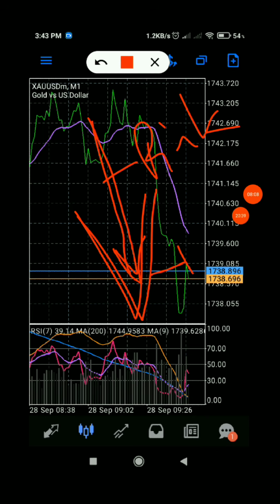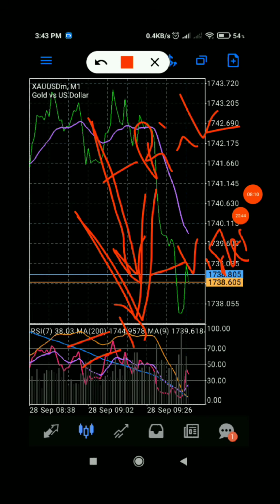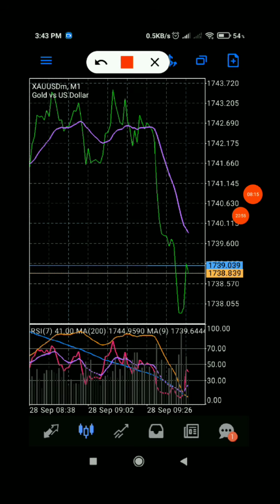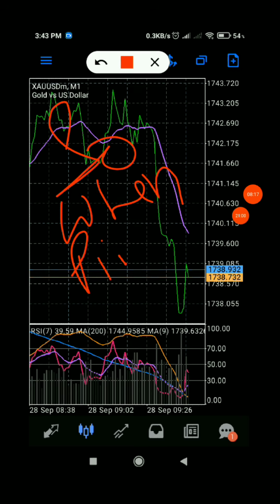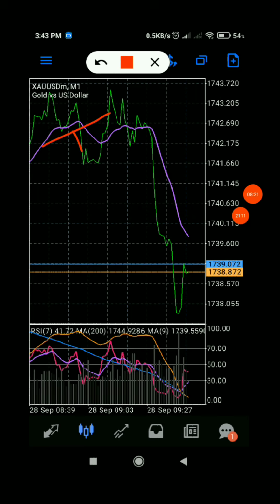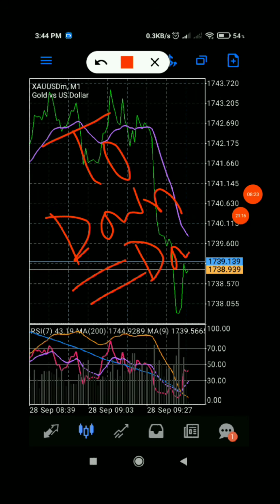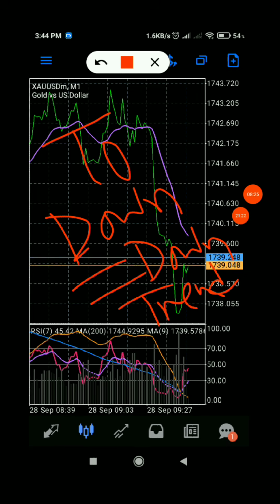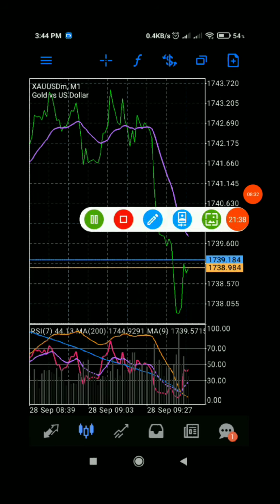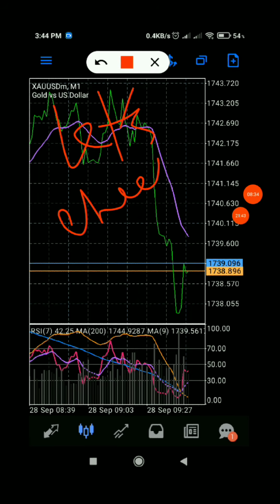When pink is pushing the violet, that is the direction of price. That is the entry signal. So when pink crosses violet to the downside, it is a downtrend. And when pink crosses violet from down to upside, it is an uptrend.